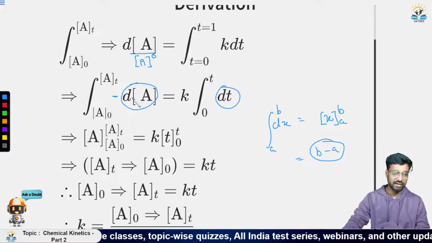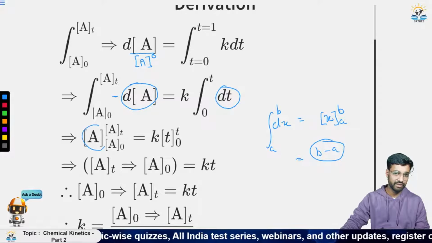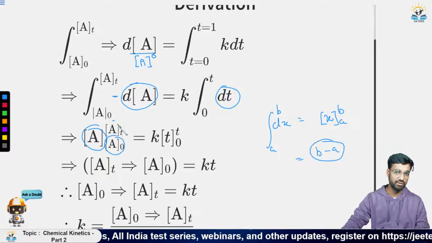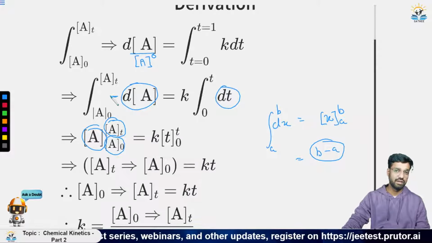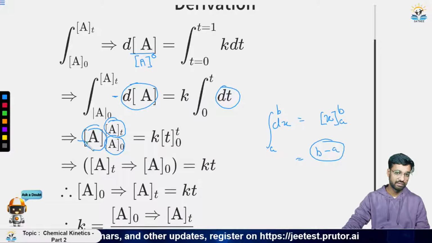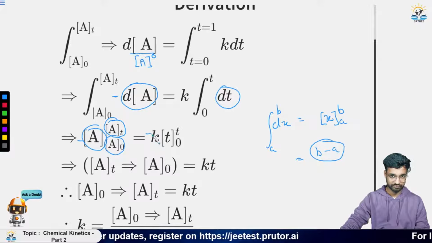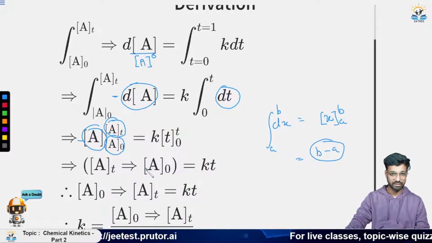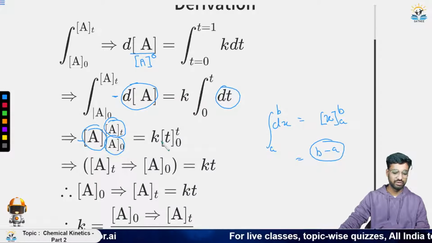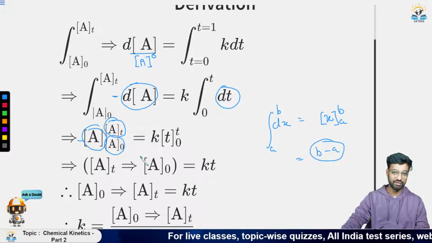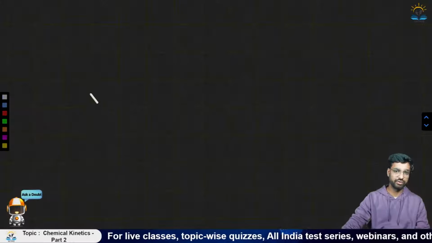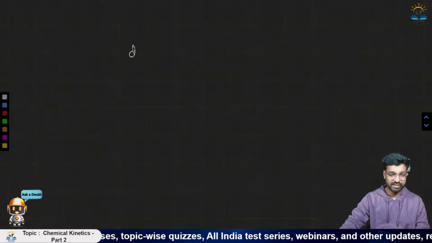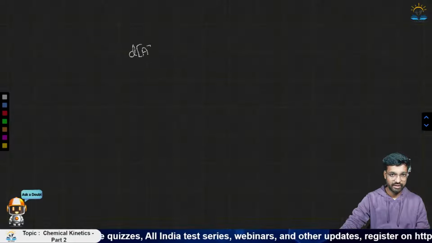We have written here that the integration of dA will be equal to A from A naught to At, and it will have a negative sign here also. Now later on, when we put this value, that is At minus A naught, so let me draw it for you. So our starting equation was like this: dA/dt.